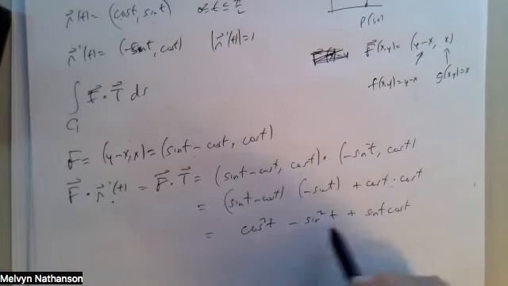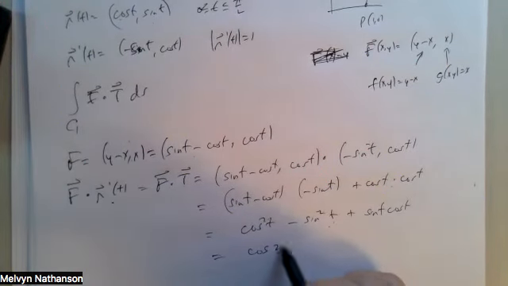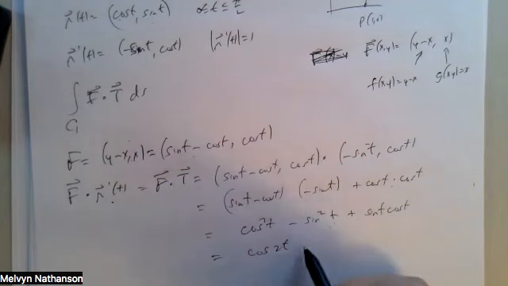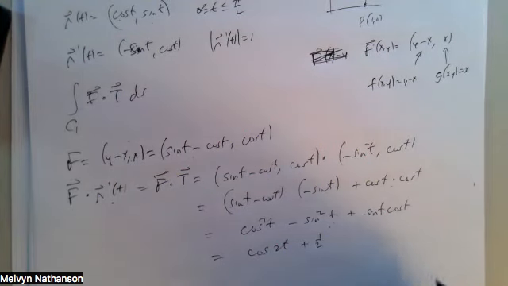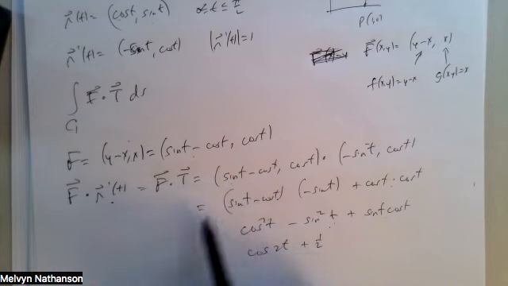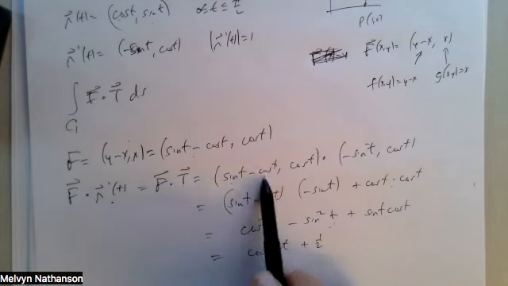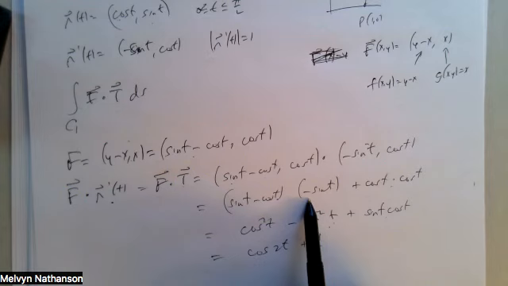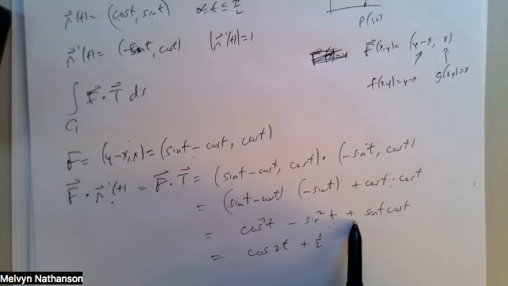And cosine squared minus sine squared is the cosine of 2t, and sine t cosine t is a half sine 2t. Checking: sine minus cosine times minus sine is minus sine squared plus sine times cosine.